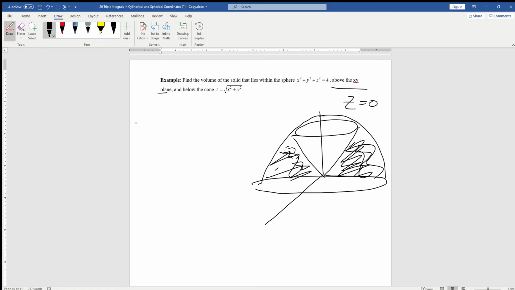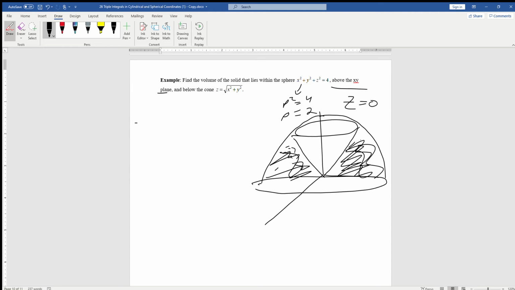I think when we're looking at this, it's pretty clear that the bounds for rho are going to go from 0 to 2. That's just because we can see up here that rho squared is equal to 4, which means that rho is going to be equal to 2. So that's easy. Another thing that I think is pretty easy is to see the bounds for theta.